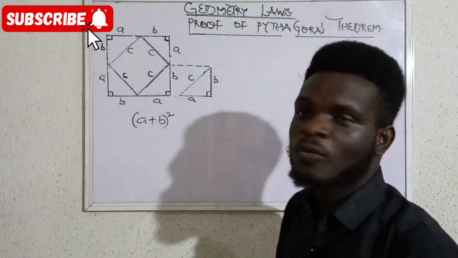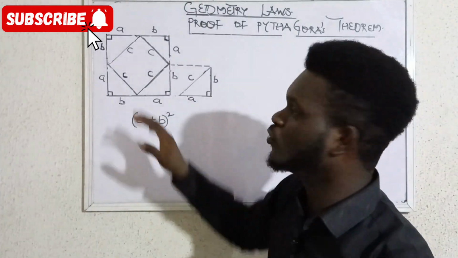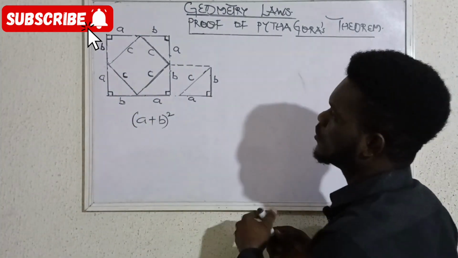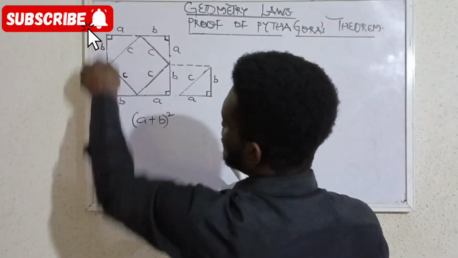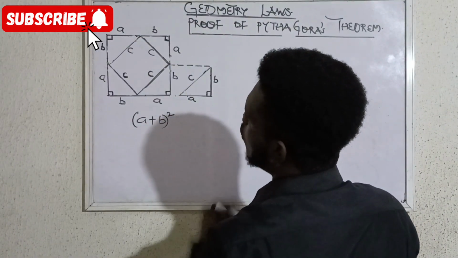Now, what are we trying to do? We just want to get the area of everything here. We want to get the area of this square. That's what we want to solve for. So how can we do that? Let's get the whole area of this square.